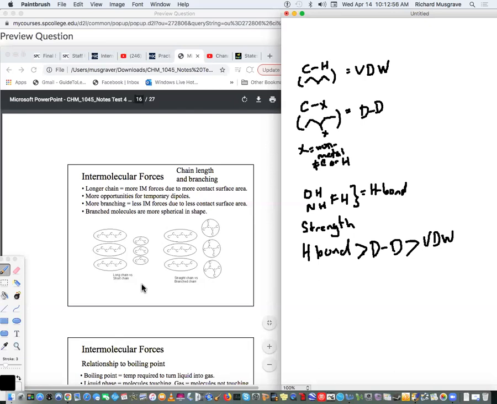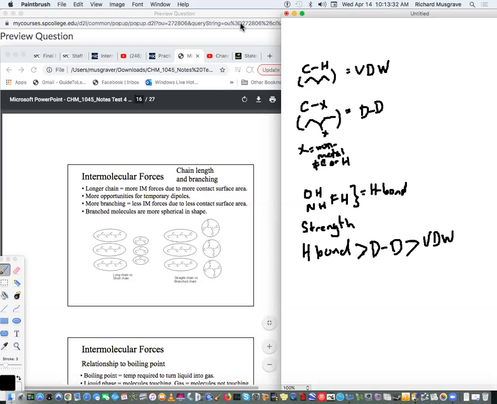When you've got a bunch of straight chains, what you're looking at is what I would consider to be like cigars in a box. There's a lot of surface contact between cigars in a box. However, when you have carbons coming off the main chain, what we've got then is something a little bit different. It's more like spheres in a box. And as you can imagine, putting a bunch of spheres in a box is going to create less surface contact. The less surface contact there is, the less intermolecular forces there are going to be as well.